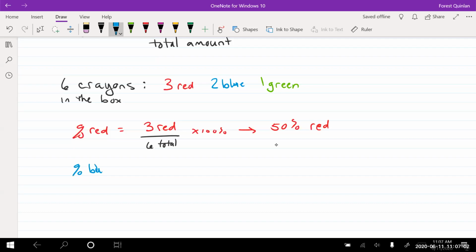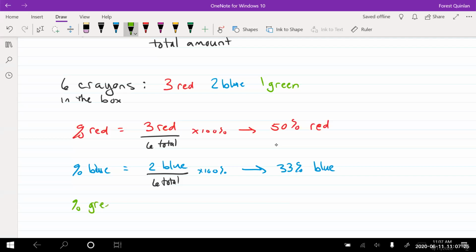The percent of blue is equal to the 2 blue over the 6 total times 100%, and that's 33% blue. And finally, the percent of green is equal to the 1 green over the 6 total times 100%, or 17% are green.